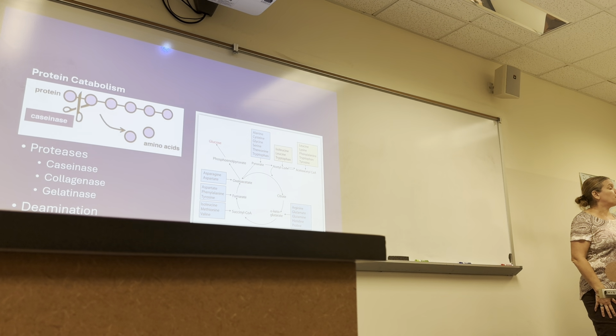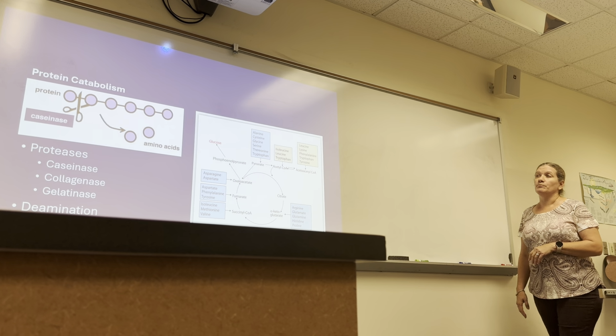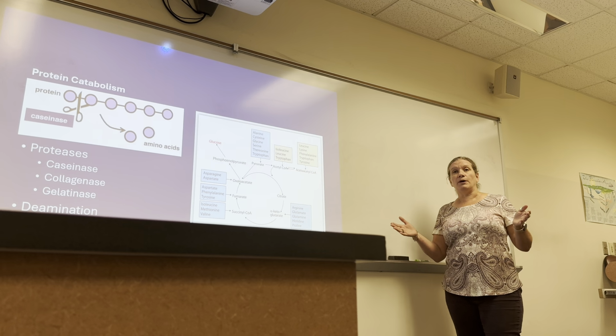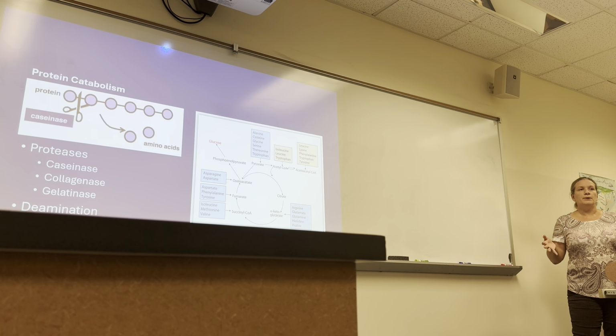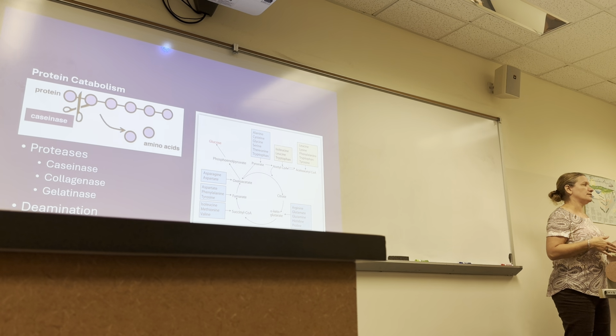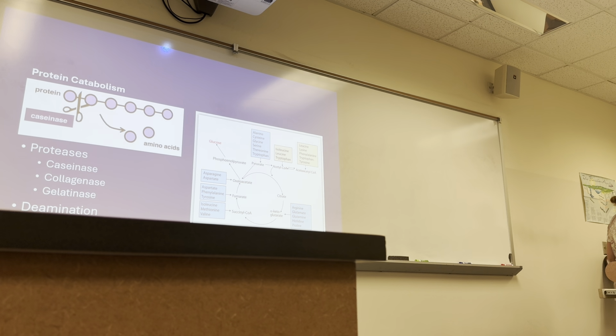Then as far as protein catabolism, proteins are that polypeptide. So the first thing we need to do is break that polypeptide back into the amino acids. We have various proteases that are involved in that process.